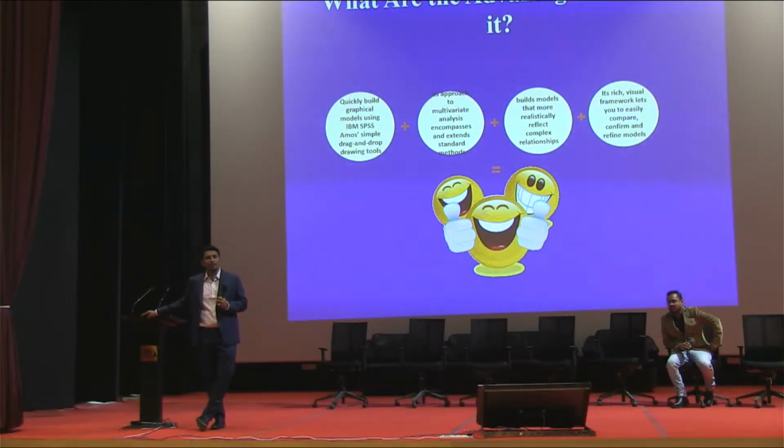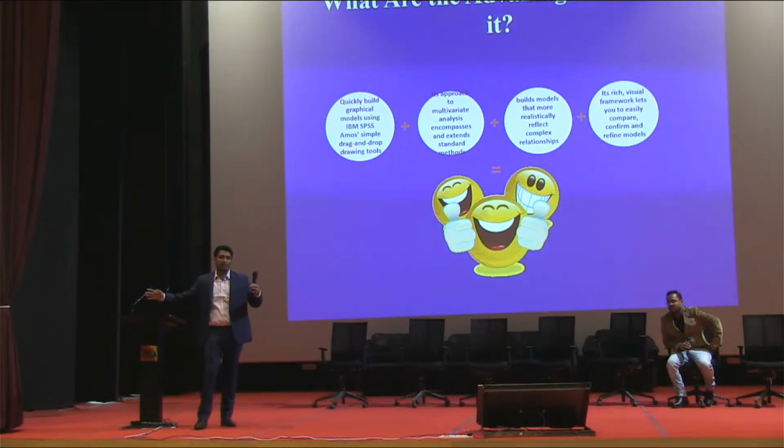So there are different thresholds in the literature. Some would say it should be less than 3, some would say less than 5 for large data sets. So chi-square by degrees of freedom is definitely an index which we should be taking care of.